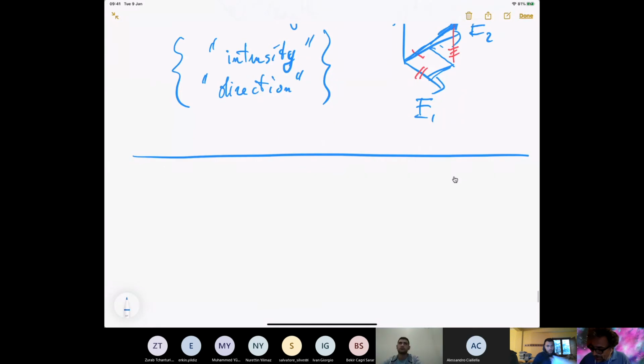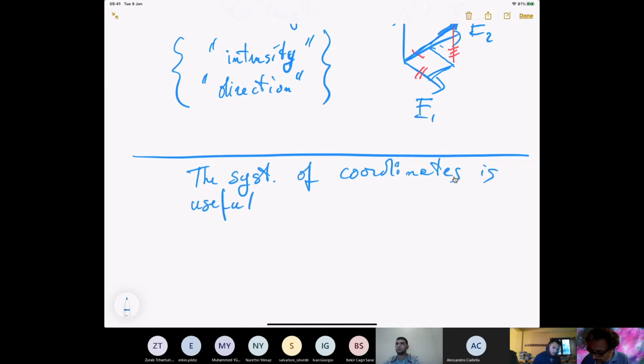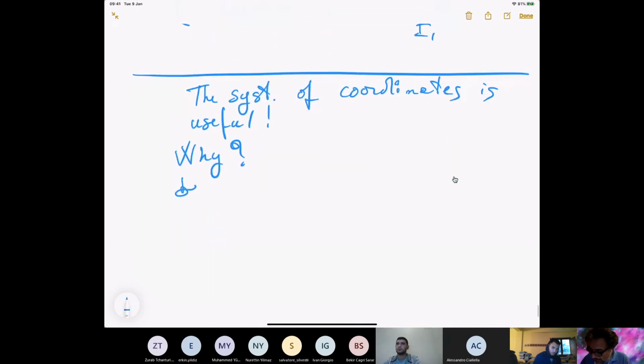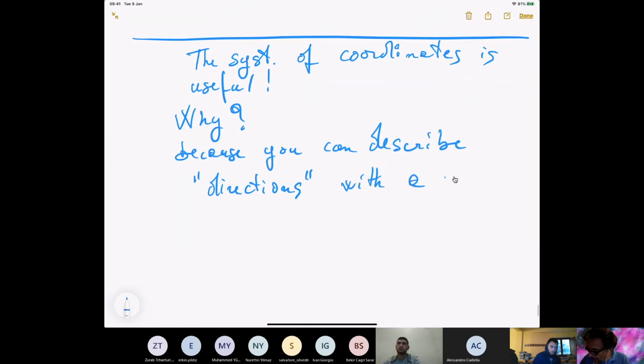Now, the system of coordinates is useful. Why? Because you can describe direction with a unit vector.